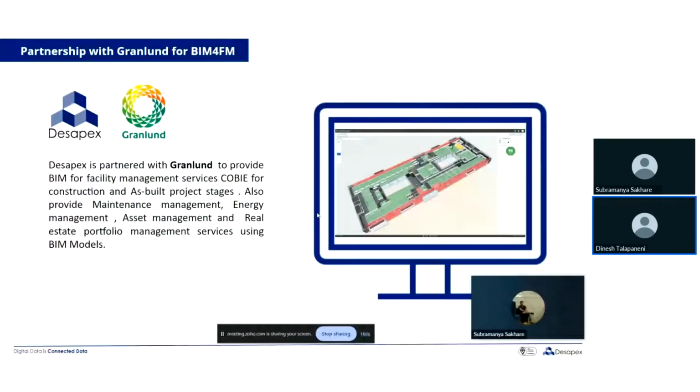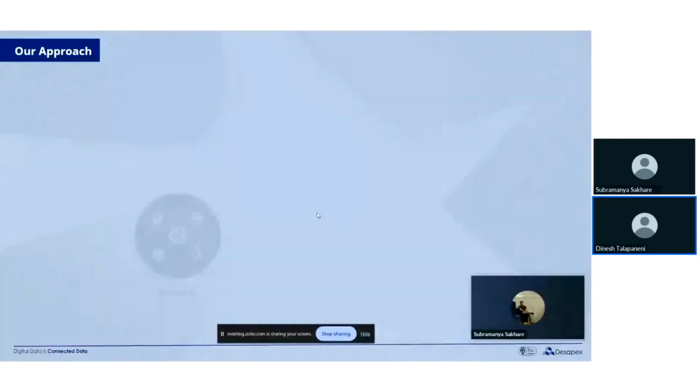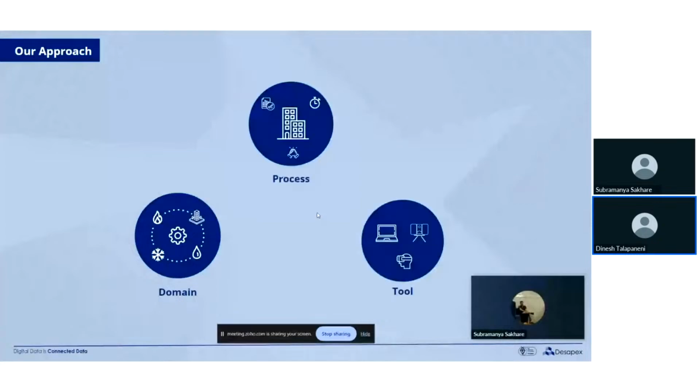So I was talking about a lot of things, but the main thing is our approach. These are the three important things required for a successful implementation. First, you need domain knowledge of how things work, and you need certain tools and technologies, like software and other tools to do this work. These are the two, but I would also mention the important part is the process.